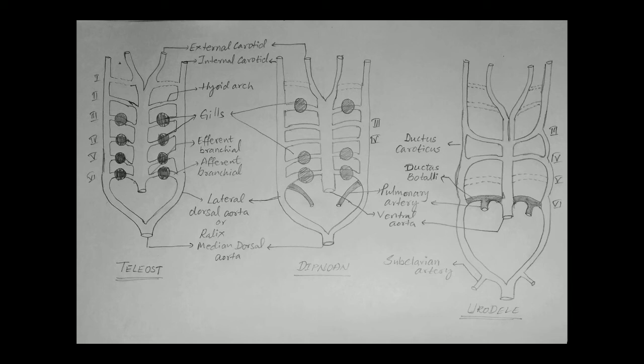The sixth arch is generally divided on each side and forms the pulmocutaneous artery or pulmocutaneous arch, which supplies blood to the skin and lungs. However, it also has the radix aortae, and that connection is termed the ductus botalli, or ductus arteriosus.